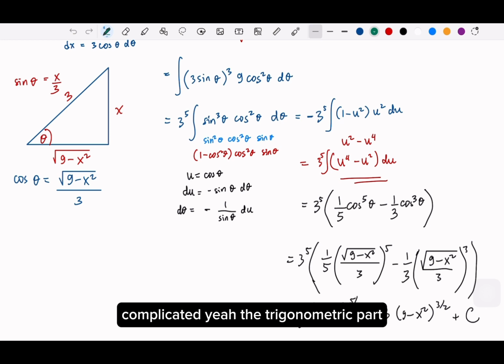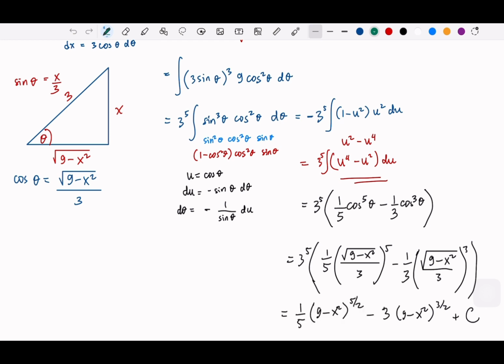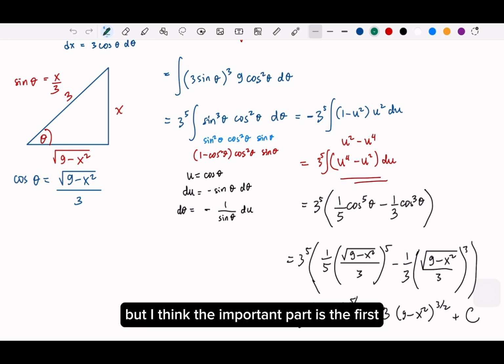Complicated? Yeah, the trigonometric part, right? But I think the important part is the first trigonometric substitution here.